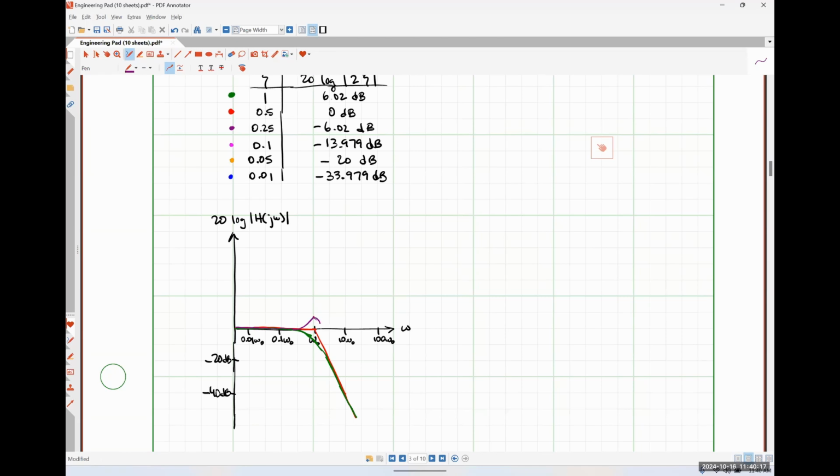Then it's going to come back down, and it will catch up to that negative 40 dB per decade slope that we had earlier. And effectively, all of these other guys are going to look something similar to that, except that it's going to get steeper and steeper and steeper in this region.